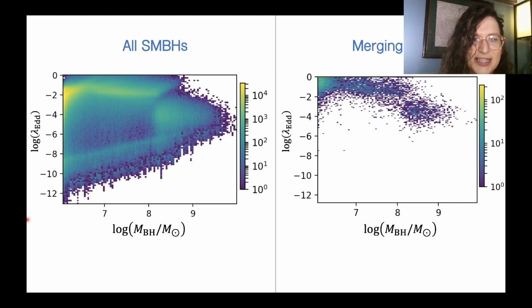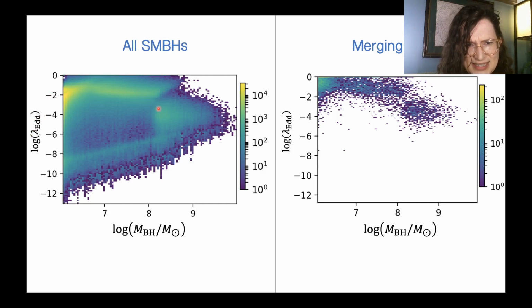And on the left-hand side, we've taken all supermassive black holes and all the snapshots of IllustrisTNG 100 and plotted them versus just the black hole mass. And we get a kind of good idea of the distribution. You'll notice that there's an overdensity, kind of the beef of the distribution, up around 10 to the negative 2 for the Eddington ratio.